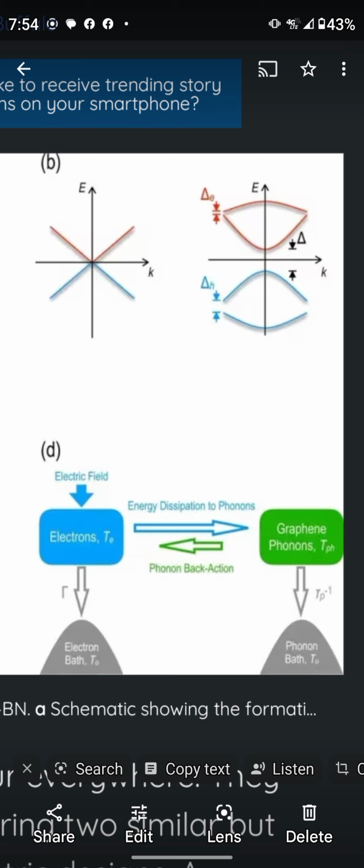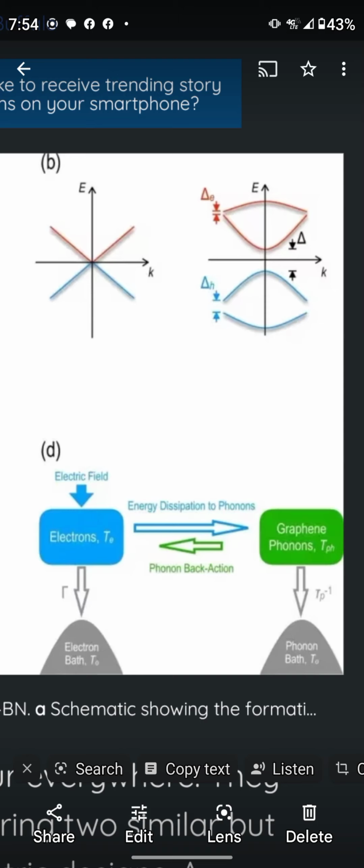I'm not going to go too much into depth, because then I have to explain what a phonon is and how that works with graphene. Basically, what you have to keep in mind is the phonons absorb the energy from the electrons.